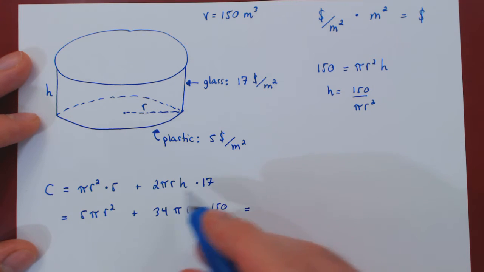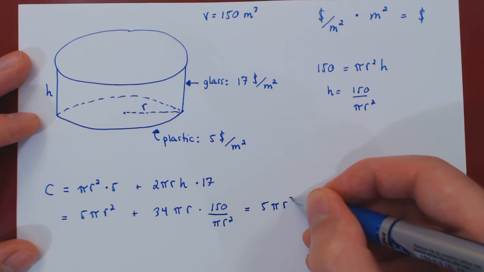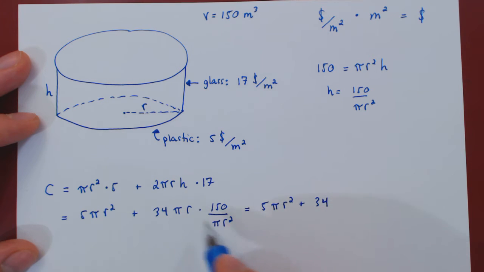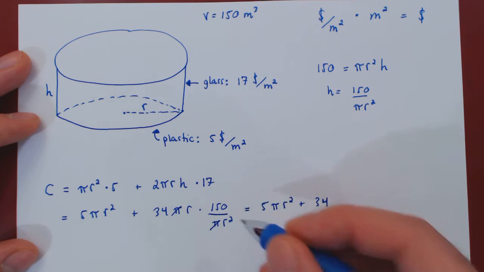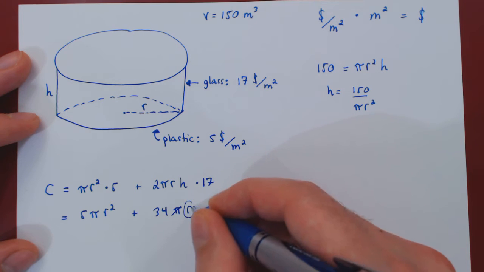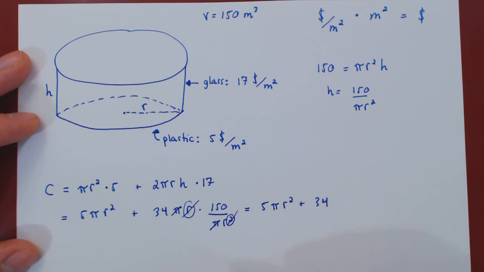We can simplify a little bit here, so 5 pi r squared plus 34. Now the pi over pi will cancel. The r over r squared and r will cancel, so we'll be left with 150 over r. And I will not multiply 34 and 150. I will leave it as 34 times 150 for now.